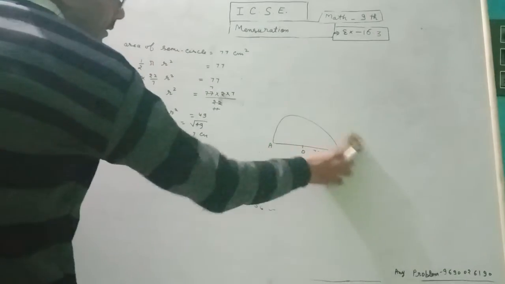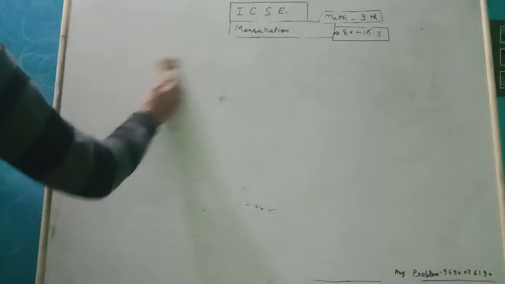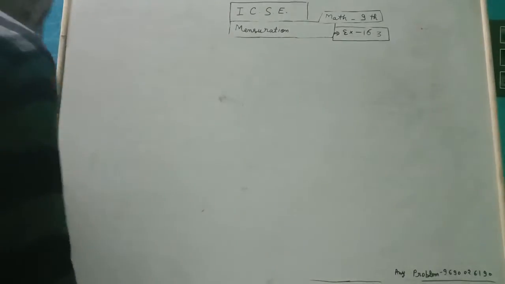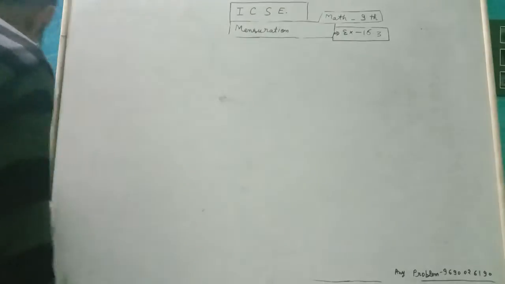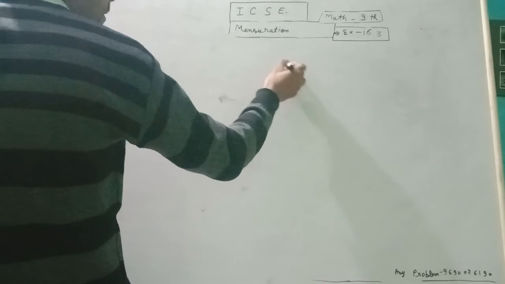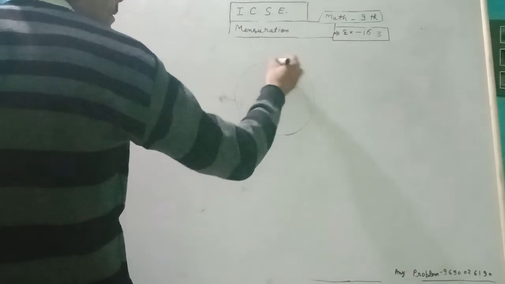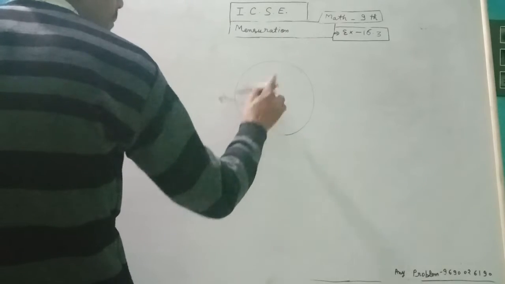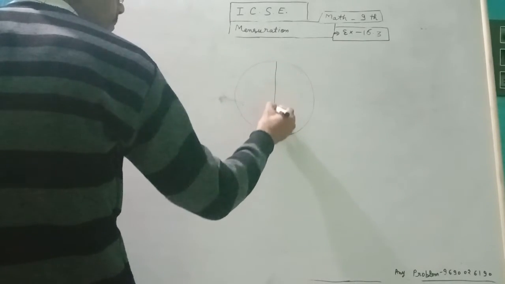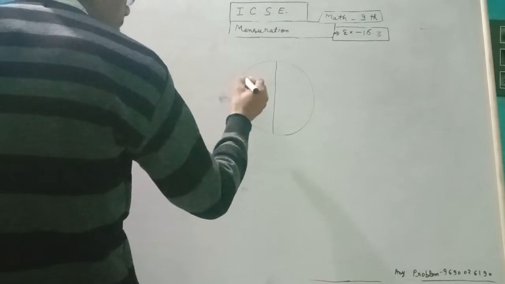Question 7 is given, the adjoining figure. Two diameters AC and BD of a circle.